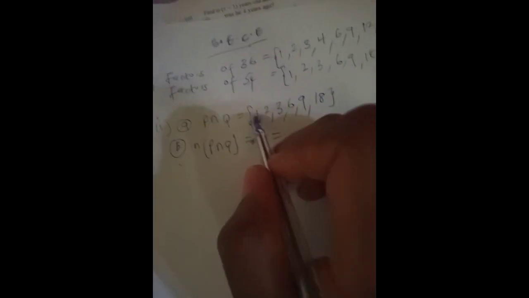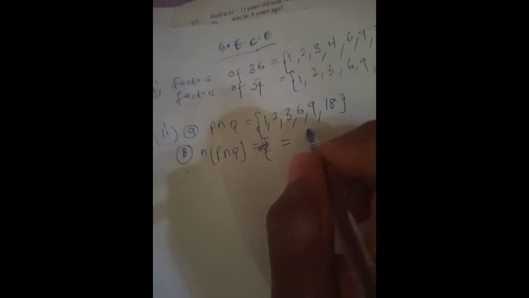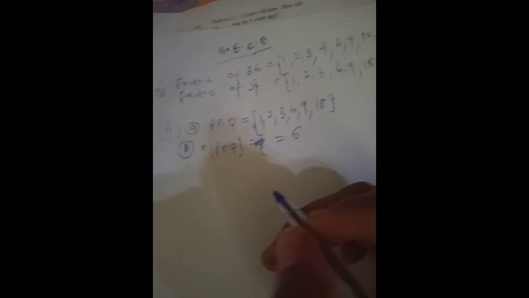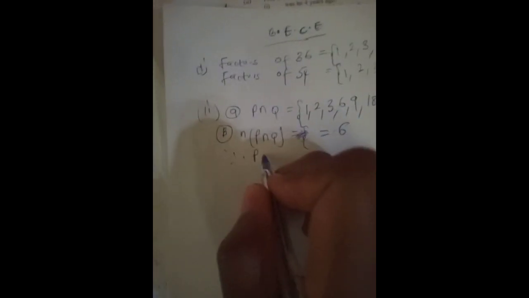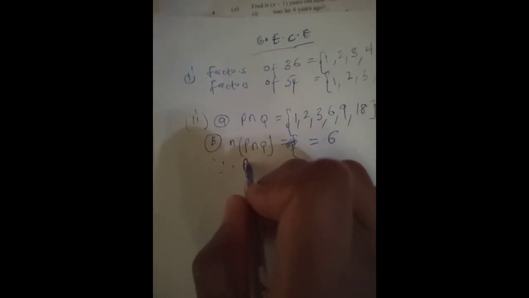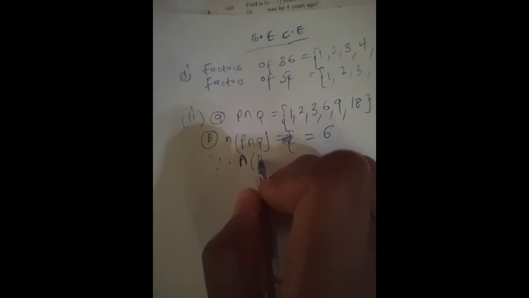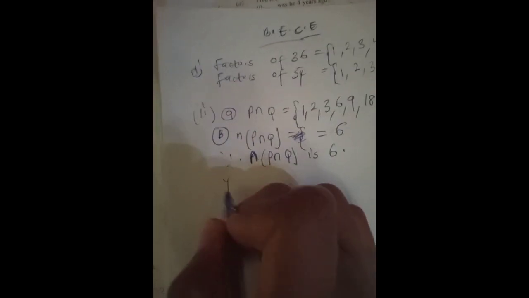We just count 1, 2, 3, 4, 5, 6, and there are 6. So N of P intersecting Q is 6. That's all.